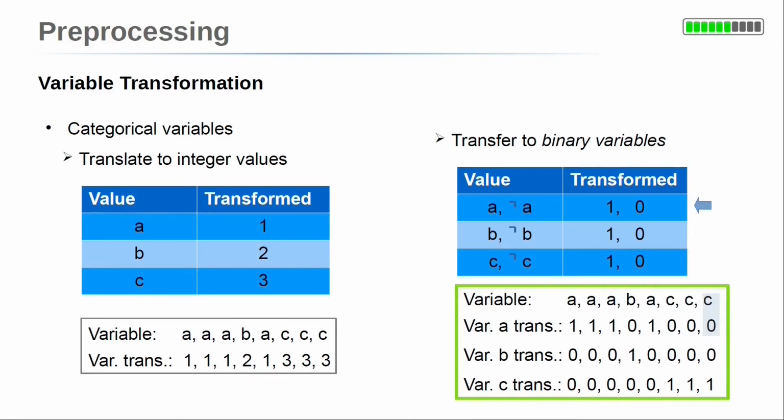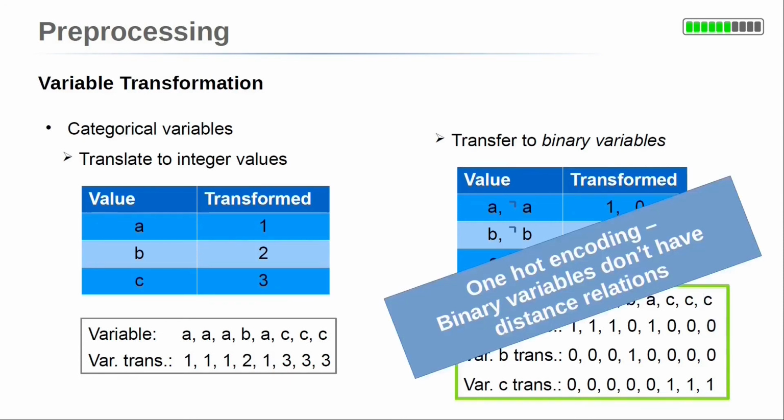In a similar way, you can get the other transformed variables. Such a variable transformation is also called one-hot encoding. Note that variables with only two values don't have distance relations.